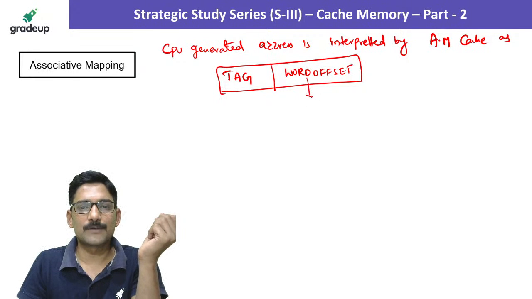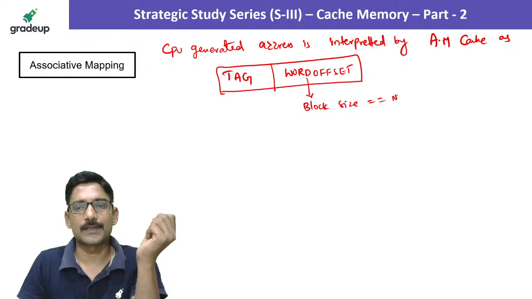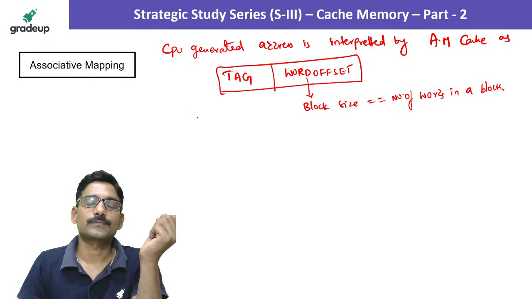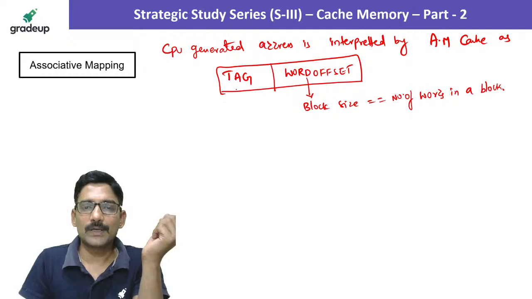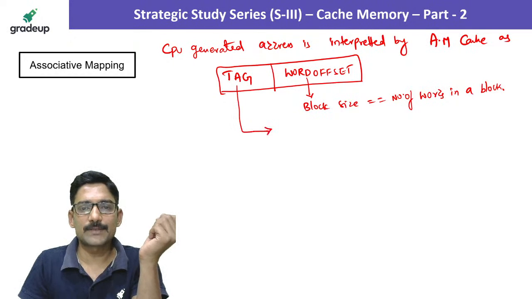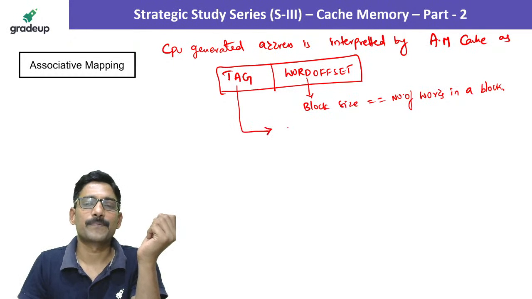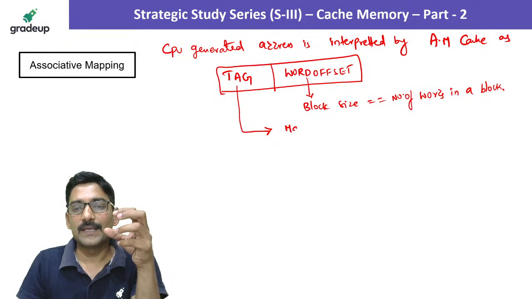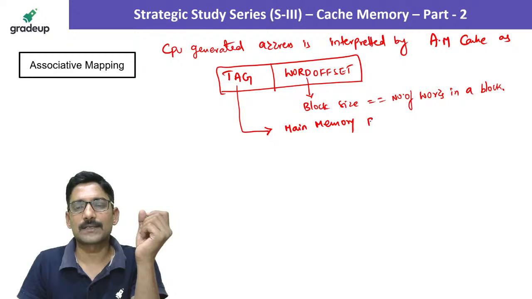What does this word offset indicate? Block size, or the number of words in a block. So what is maintained as a tag by associative memory? The main memory block number is maintained as the tag.